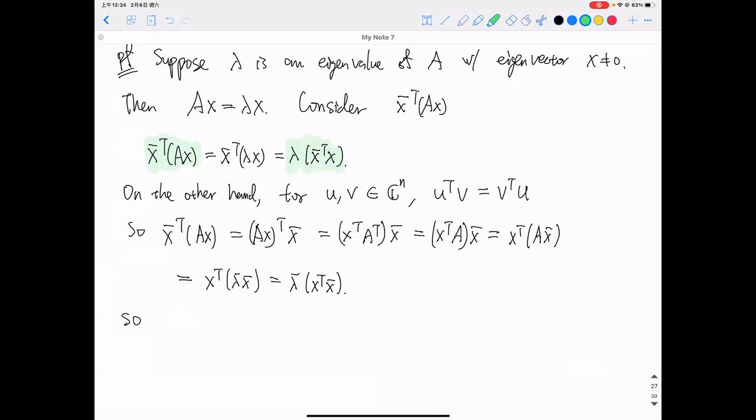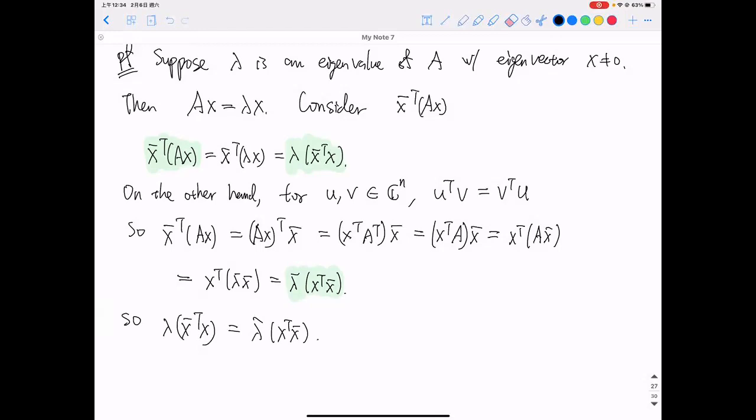On the other hand, it is equal to lambda bar x transpose x bar. So lambda x bar transpose x is equal to lambda bar x transpose x bar.